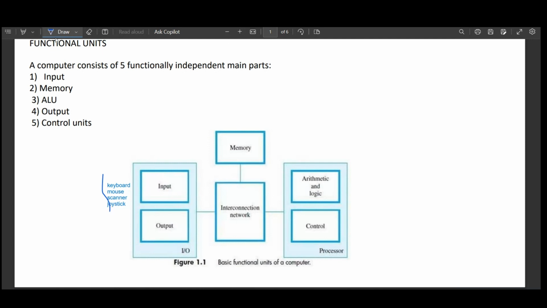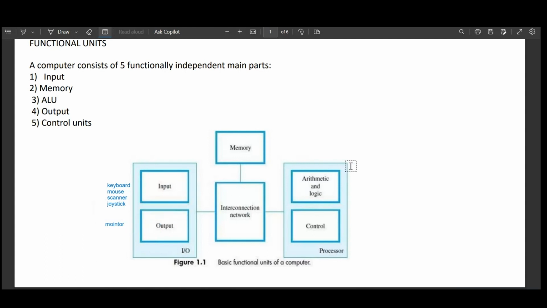Next one is output. What are the output units that you know so far? Most importantly, monitor is an output device.